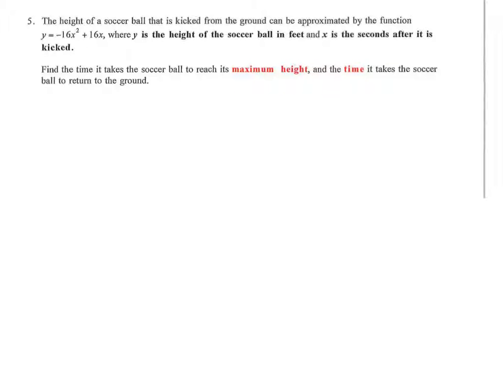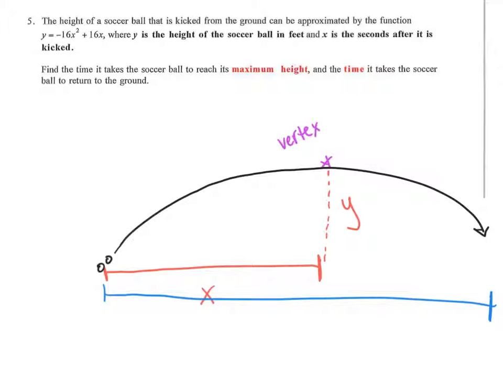The height of a soccer ball that is kicked from the ground can be approximated by this function, where y is the height of the soccer ball in feet and x is the seconds after it is kicked. Find the time it takes the soccer ball to reach the maximum height. So if I bring over the parabolic shape that we did in the previous example, what it is asking me to find, first of all, is the time it takes for the soccer ball to reach its maximum height.